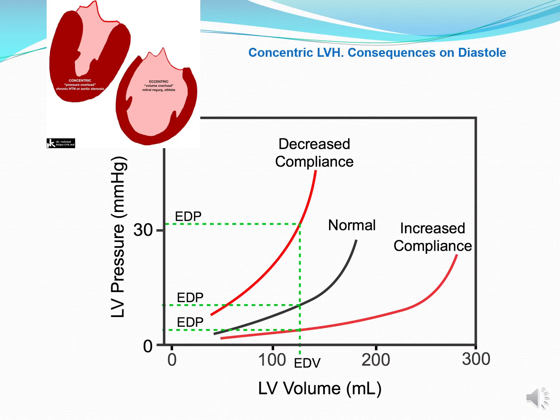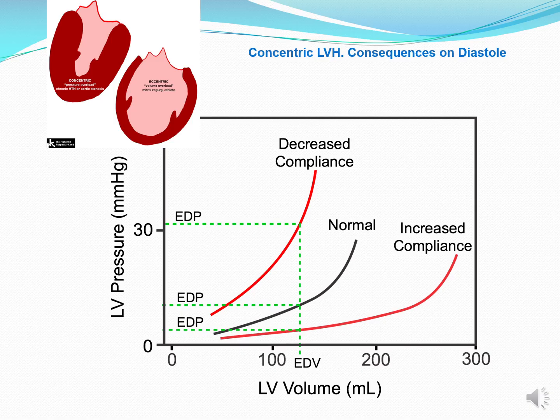At around, for example, 120 milliliters, you have an end diastolic pressure, let's say, of 10 or 12, the normal left ventricular diastolic pressure. However, with the stiff, hypertrophied, concentric hypertrophy ventricle, if you want to fill it to the same volume of 120 cc's, look at the left ventricular end diastolic pressure. It goes up. Just as an example, it says 30.